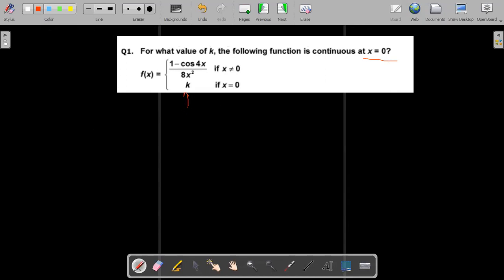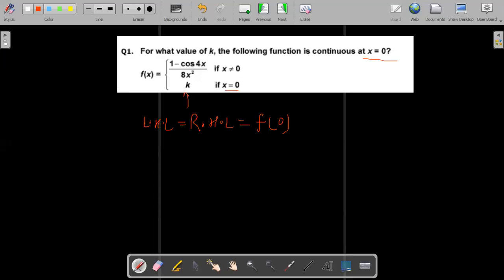That means they are saying that this function is continuous at x equals 0, so LHL, RHL and value of the limit are all equal.